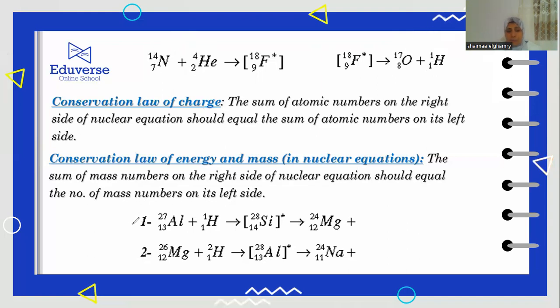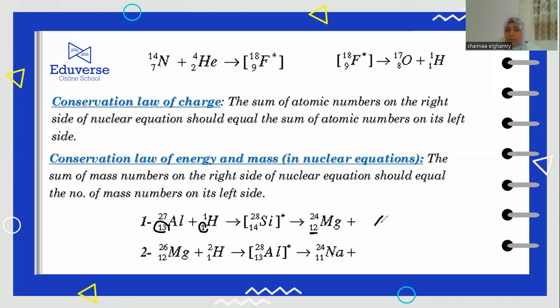Okay, let's solve together equation 1 and equation 2. We want to guess what will be the rest of the equation. So here, aluminum 13 plus 1 atomic number of hydrogen, so it's 14. So here in magnesium, it's 12.